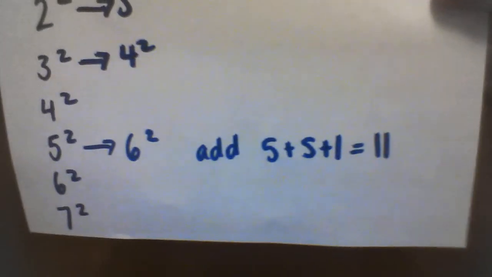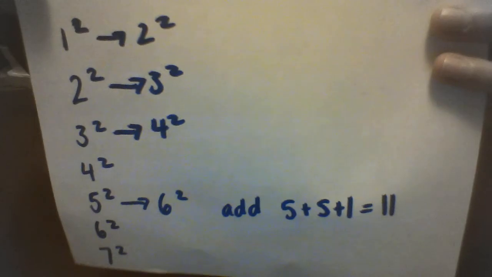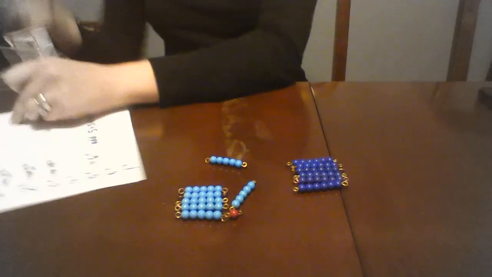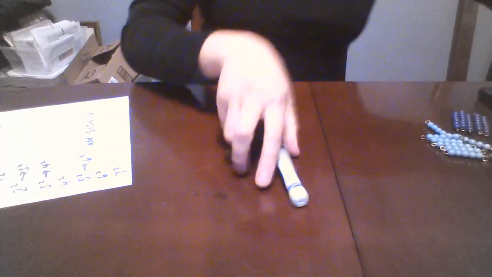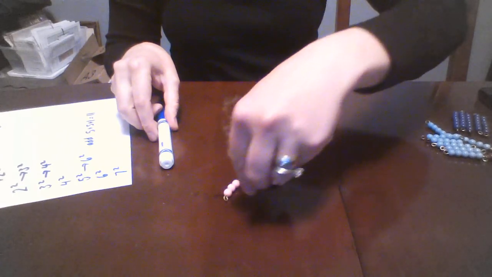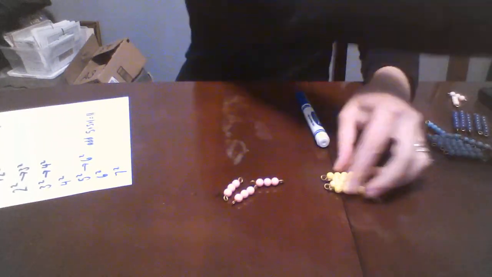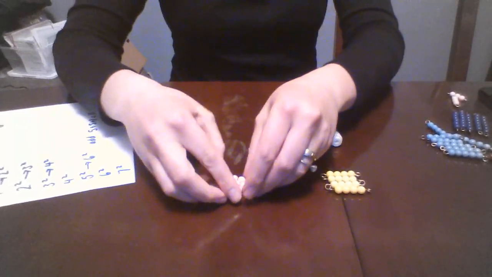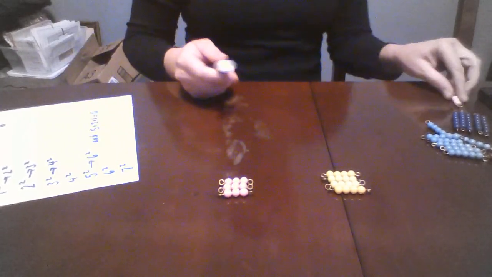Okay, so I'm going to do one more with you because since you don't have the beads, it'll be easier if you can see the pattern on here. So let's pick 3 squared to 4 squared. So 3 squared, and we're going to turn it into a 4 squared. Okay, so I have 3 squared right here, and I need to turn it into a 4 square.